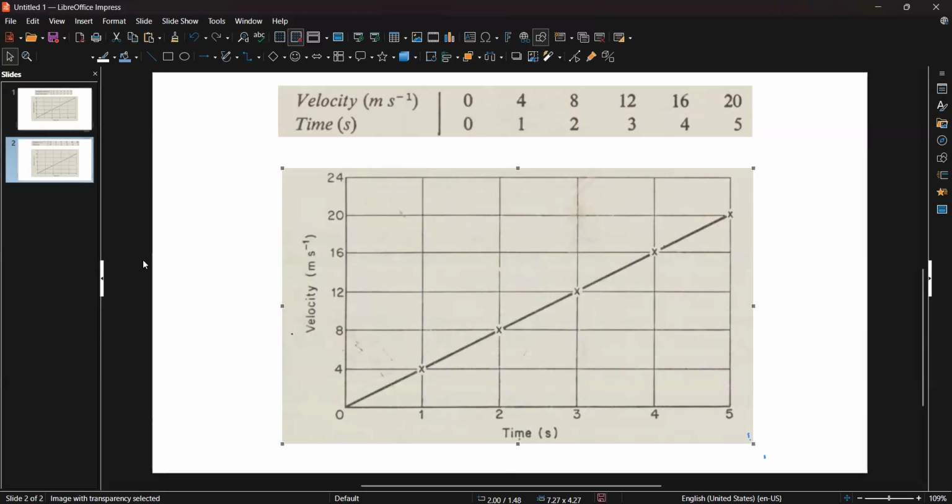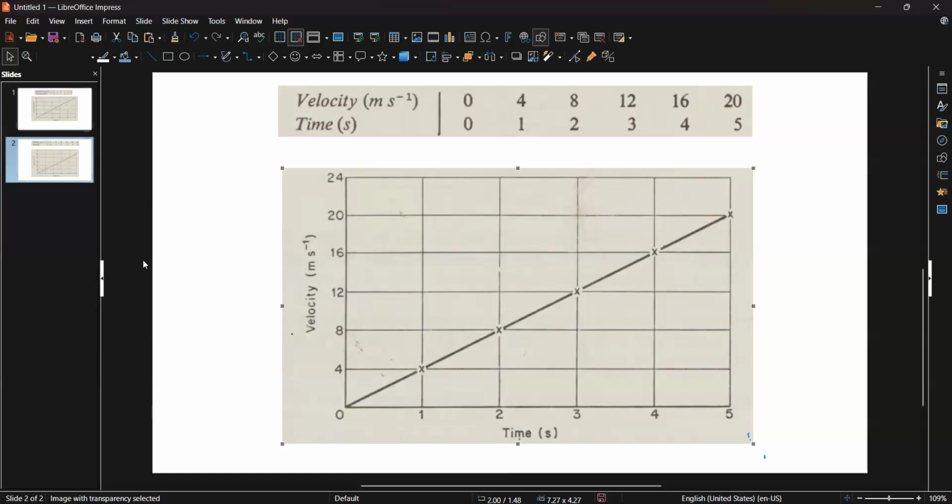The gradient. Yes, and what about the gradient? Anything special? This is a straight line.